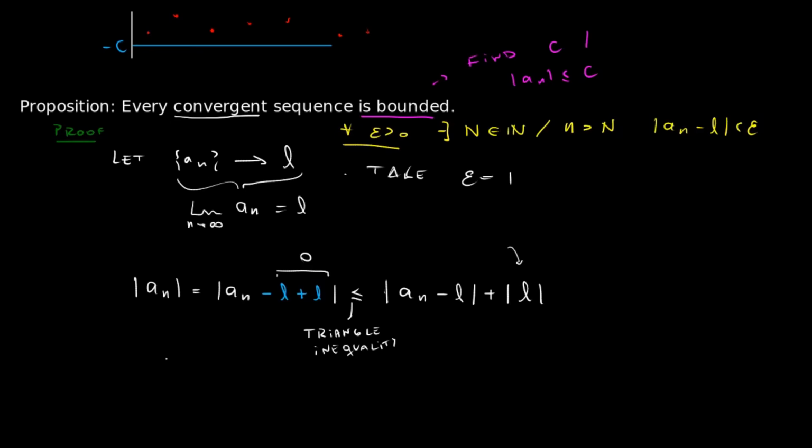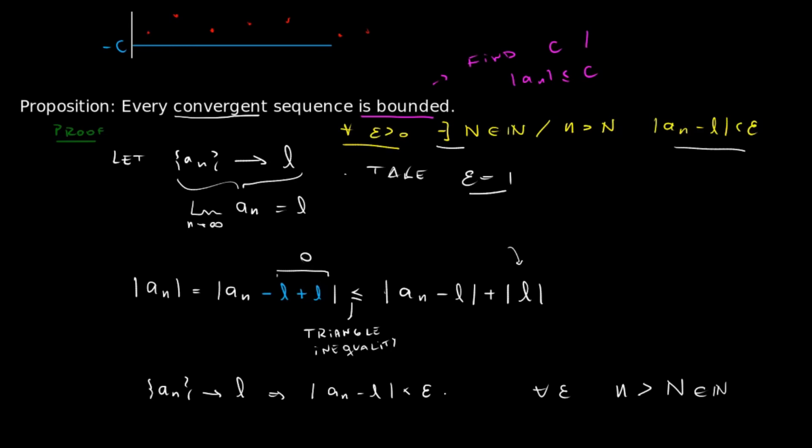Now, as we said before, a sub n tends towards L. So then, using the definition, we know that the absolute value of a sub n minus L is smaller than epsilon. This happens for every epsilon and for every n that's greater than some number we know exists, and that's natural. And in particular, we were taking epsilon equal to 1.